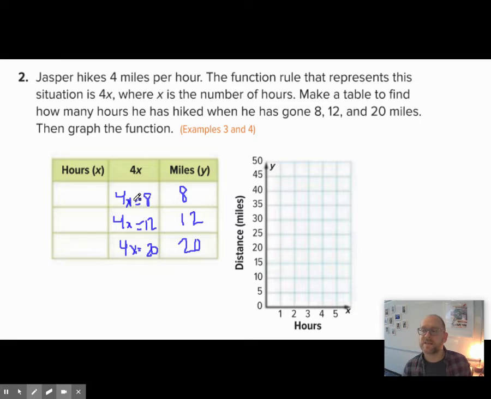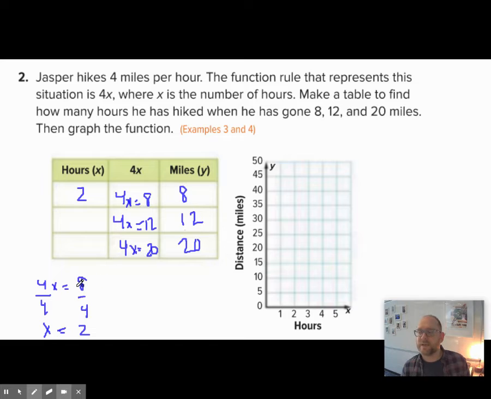I'll do this first problem together. 4x equals 8. If we divide them both by 4, then x would equal, because 4 divided by 4 is 1, and because of our identity property of multiplication, 1 times any number is itself. So x would be 8 divided by 4, 2. X equals 2 in this case.